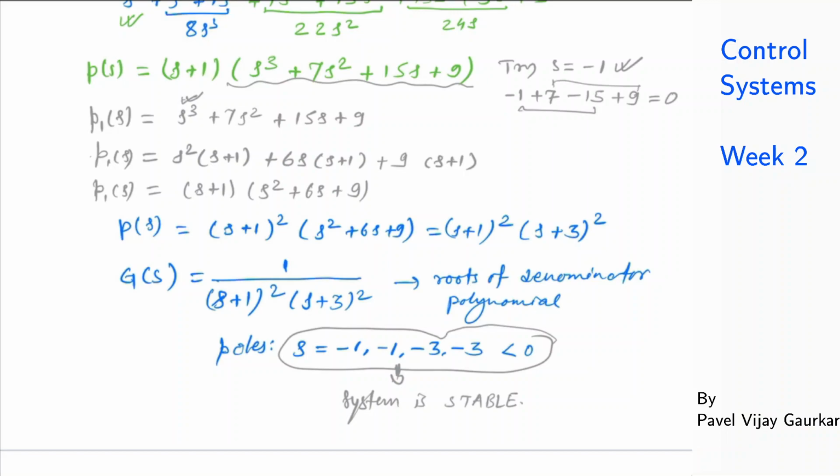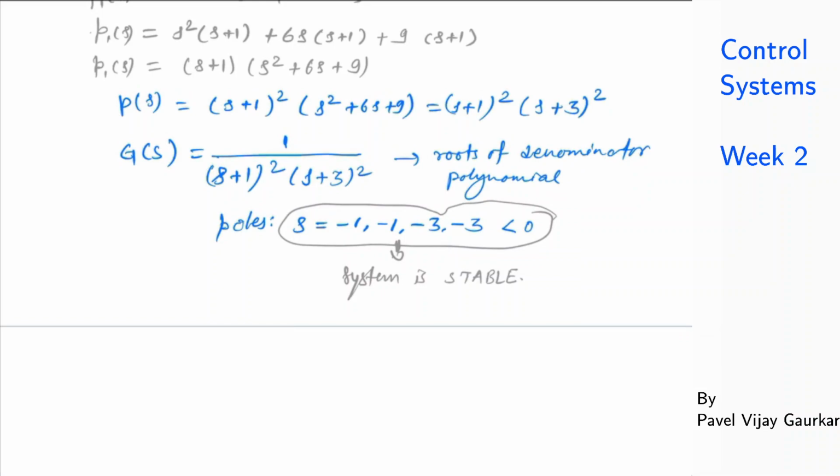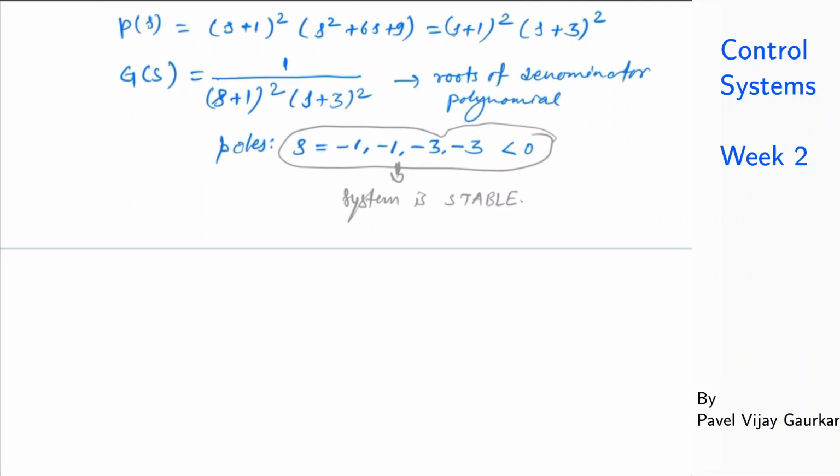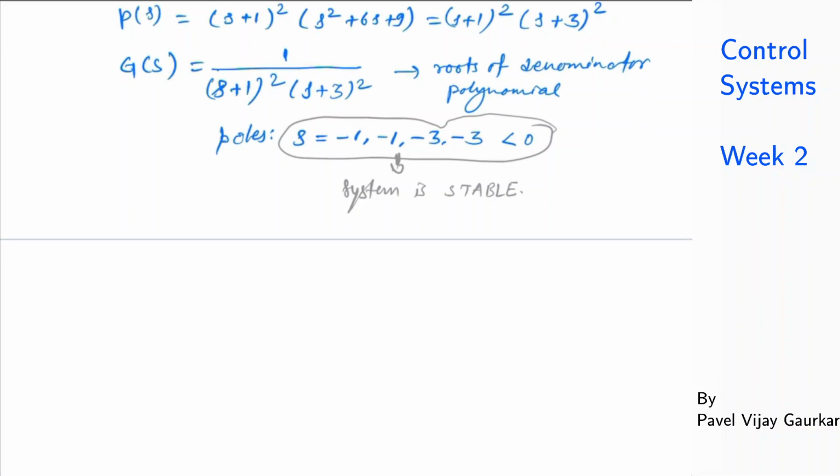So let us see why the system is stable quickly. It will take a minute. We can try it with the unit step input, or, well, not necessarily. If we look at the solution of the system, we'll have y of t with some exponent e power minus at.